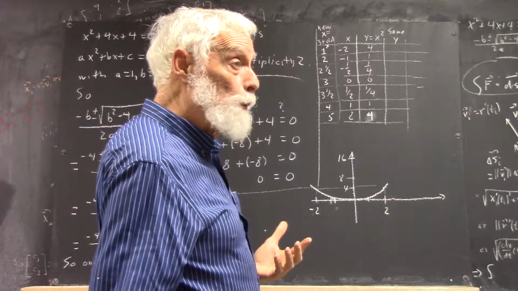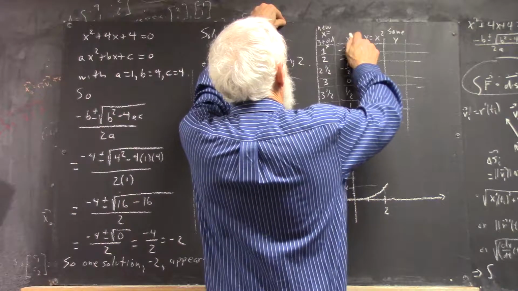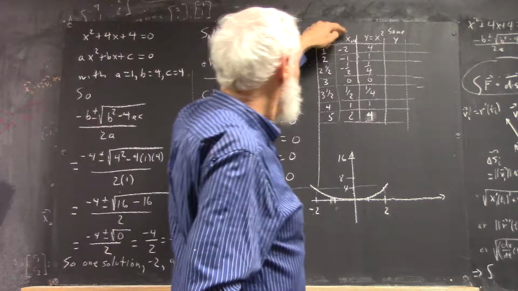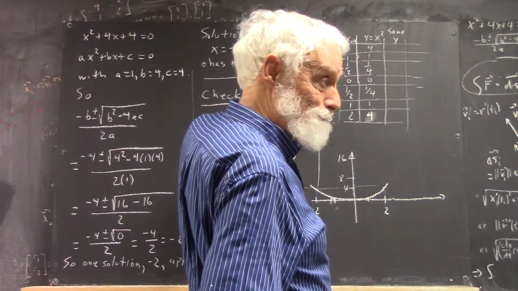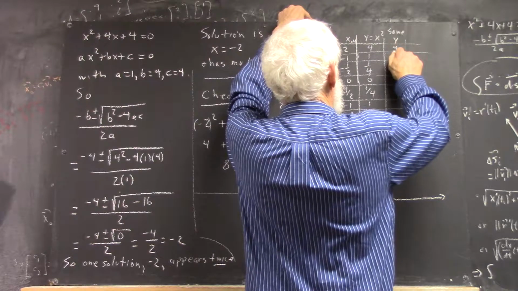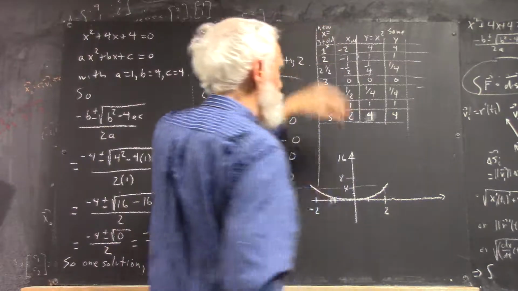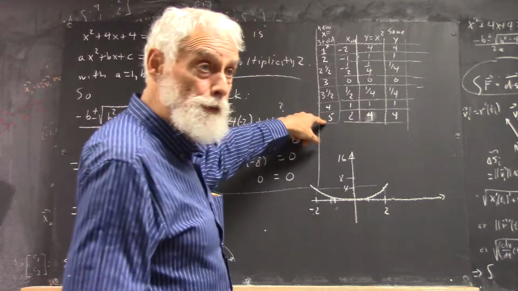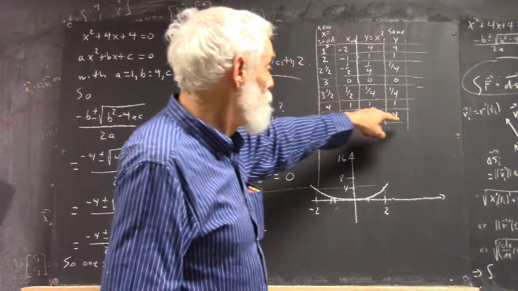I want the same value of y. This x I'm going to call x old. This is no longer x. This is x. Okay? I'm going to take the same y values and now I'm going to plot the y values versus these x values. Okay? So I've got like a new function.